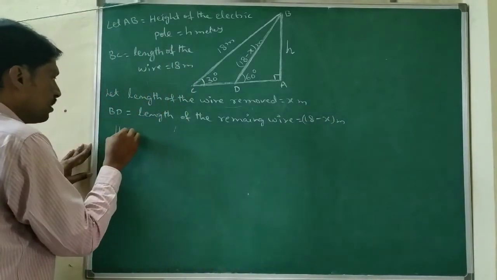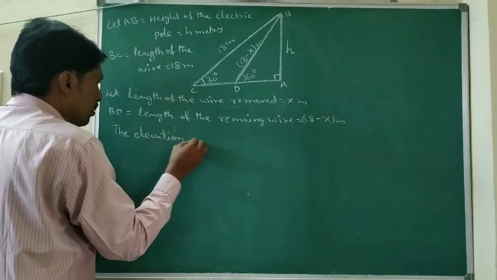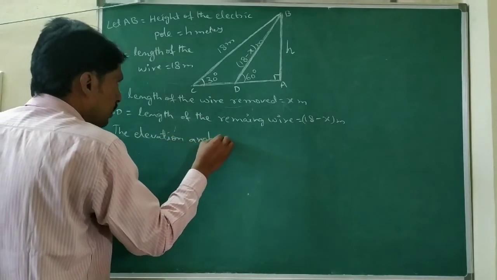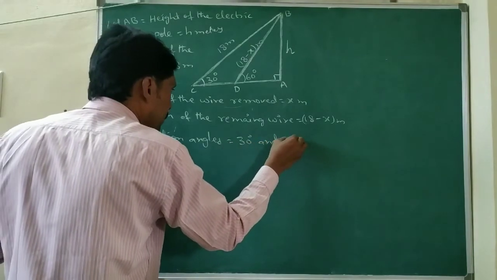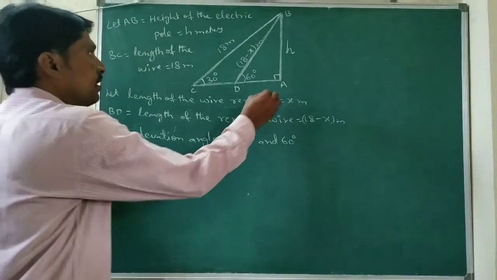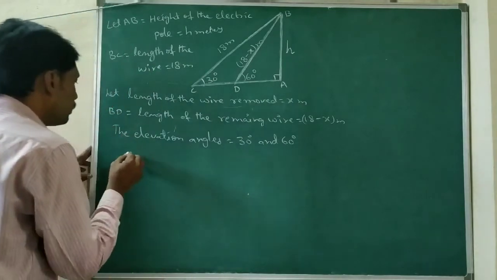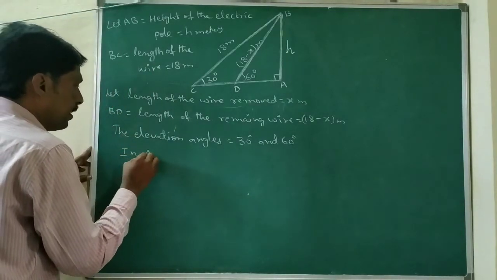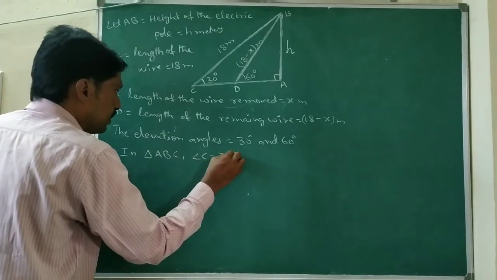The elevation angles are 30 degrees and 60 degrees. Now I am taking triangle ABC. In triangle ABC, angle C equals 30 degrees.